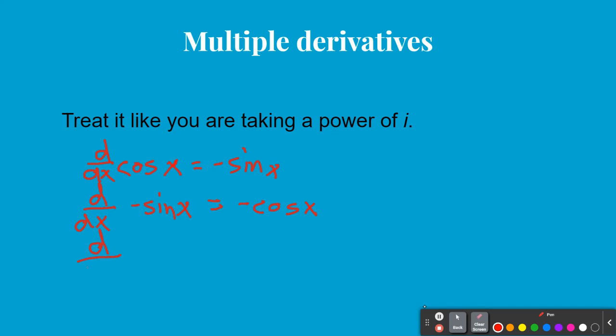And then if I take the derivative of negative cosine, that's going to get me just plain sine. And then we finish up by saying, well, the derivative of that is going to get me back to where I started. And when you take the continual derivatives, guess what? This pattern repeats again for the 5th, 6th, 7th, and 8th derivatives, and the 9th, 10th, 11th, and 12th derivatives.